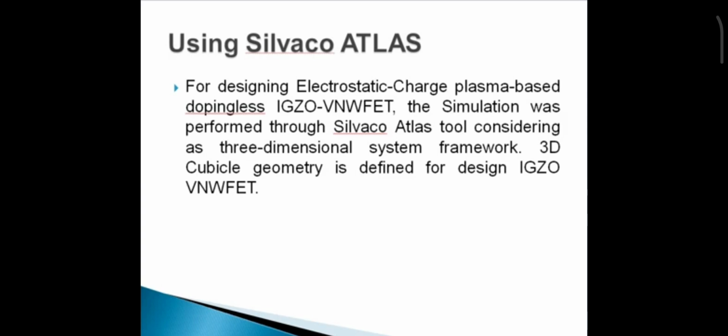3D cubic geometry is defined for designing the IGZO vertical nanowire field effect transistor. It is to be noted that in the 3D cubic geometry, I have introduced the z-axis with x and y meshing, so that the device is in a three-dimensional structure.